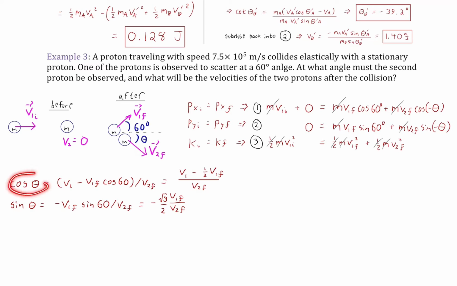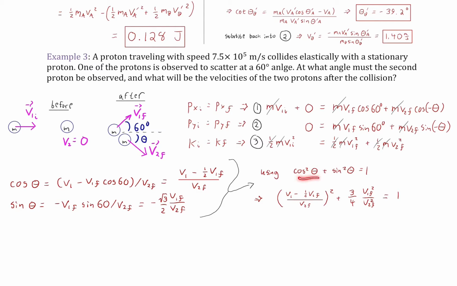By solving for cosine theta and sine theta in terms of both the unknown final velocities, I can use a wonderful little trig identity, cosine squared theta plus sine squared theta equals 1, the most well-known trig identity there is. And now I've got a nice expression where I'm able to relate the final velocities to each other, three steps in at least.